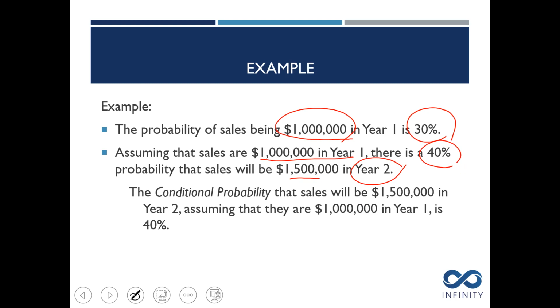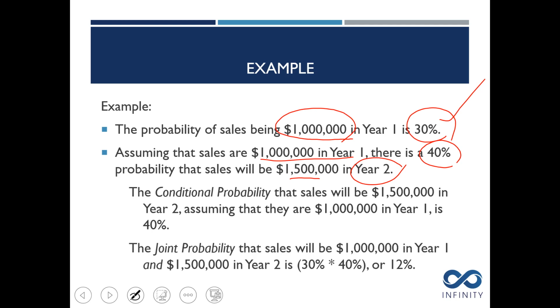Again, the probability of getting 1 million sales in year 1 is 30%, and if there is 1 million sale in year 1, there is a chance that your sale is going to be 1.5 million in year 2. So what's the probability of getting 1 million sale in the first year and 1.5 million sale in the second year?